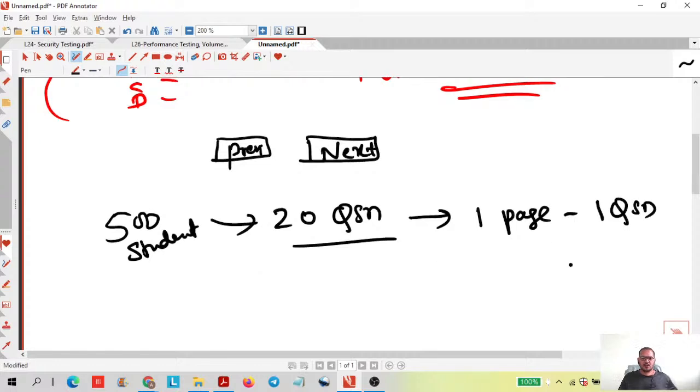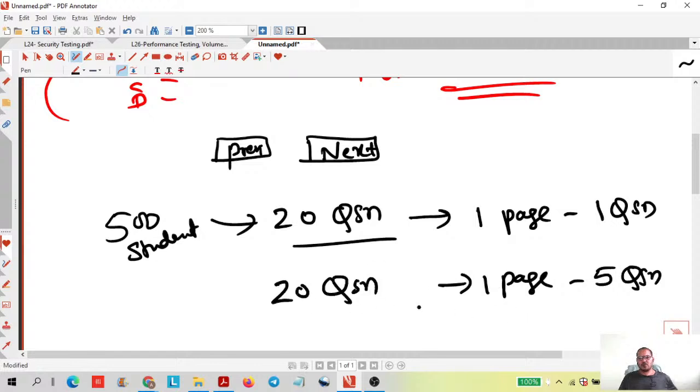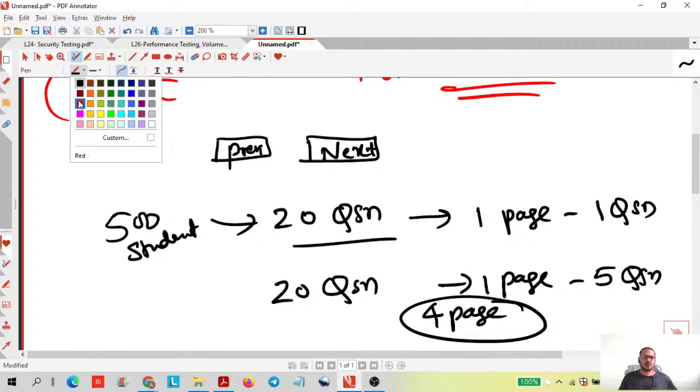So we displayed the question paper with five questions in one page. How many pages are required now for 20 questions? 4 pages. Earlier, 20 pages were required.